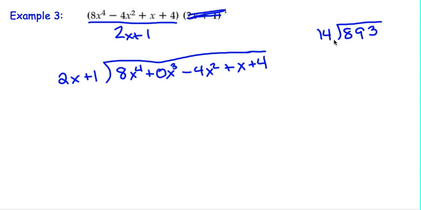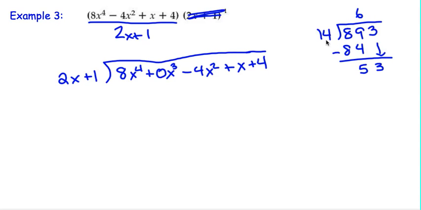It doesn't. So how many times does 14 go into 89? And that answer is 6. So when I take 6 times 14, I get 84. Subtract here. 89 minus 84 is going to be 5. I bring down this 3.